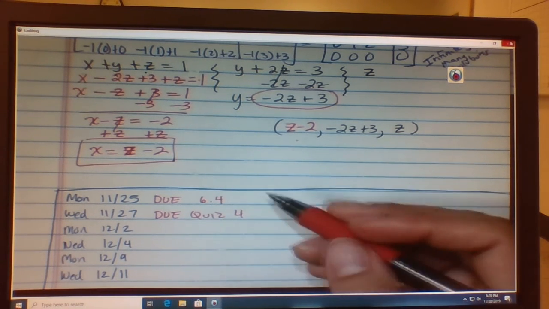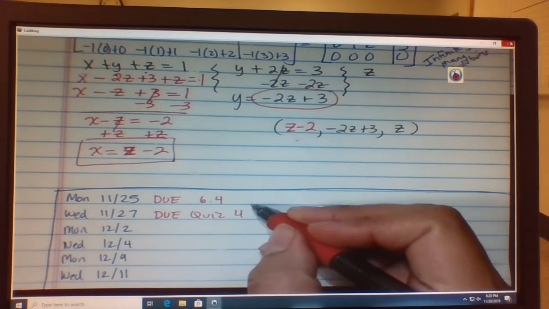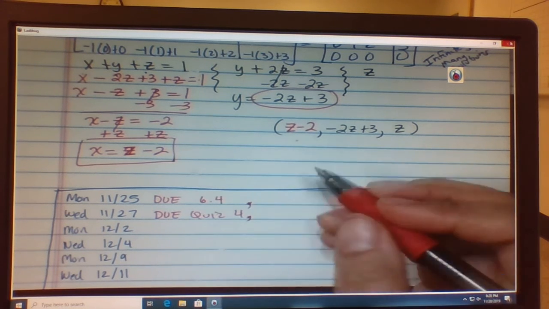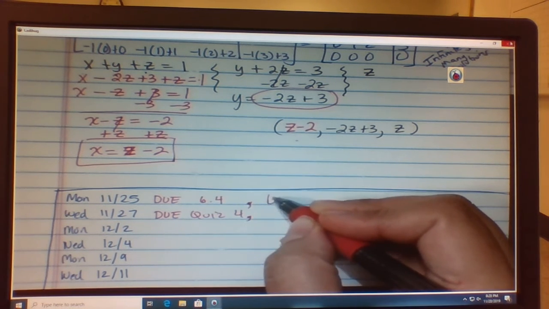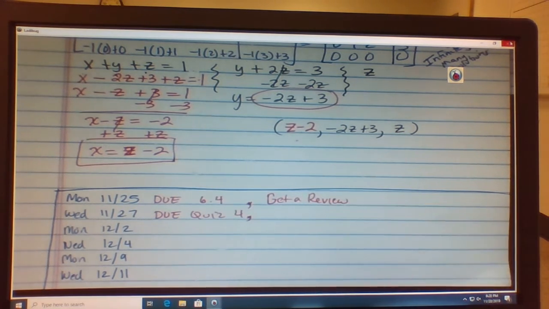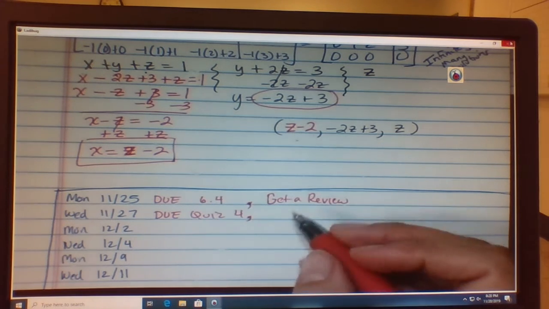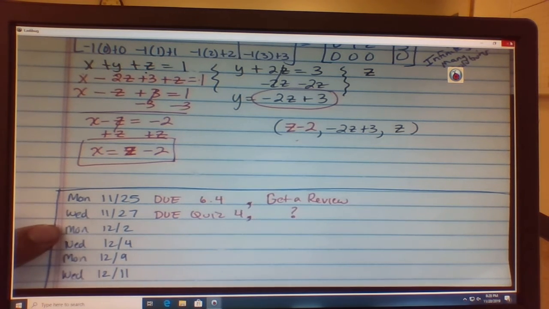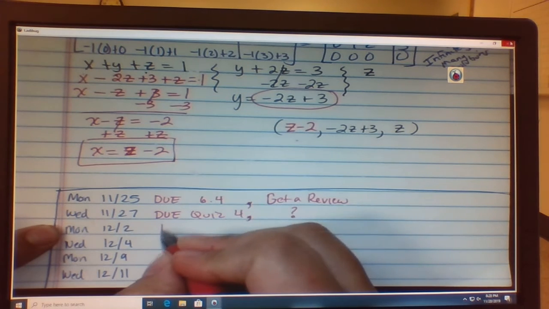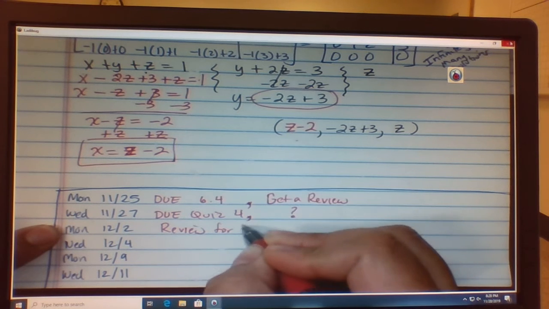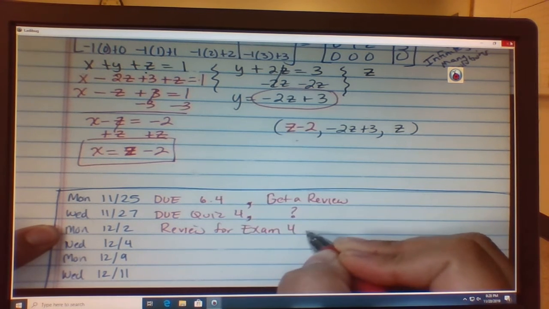So this is what's due, but what are we going to do? On Monday, you will get a review. On Wednesday, it is still a question mark what's going to happen. On the Monday after Thanksgiving, we will review for exam 4 in class.